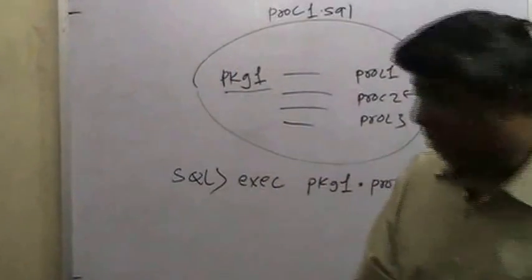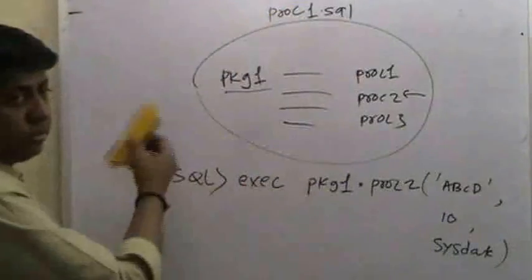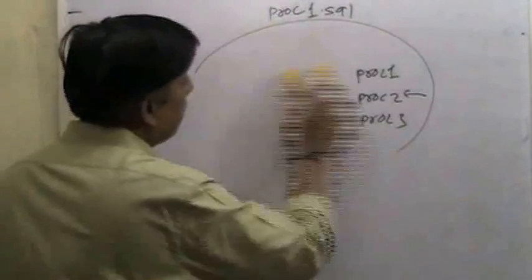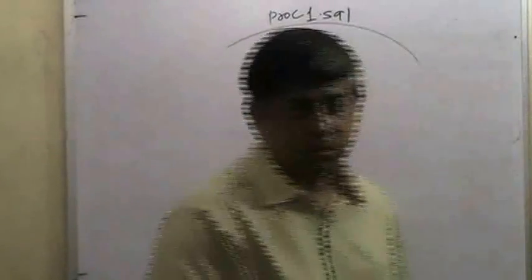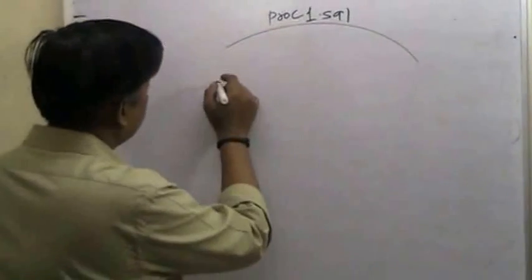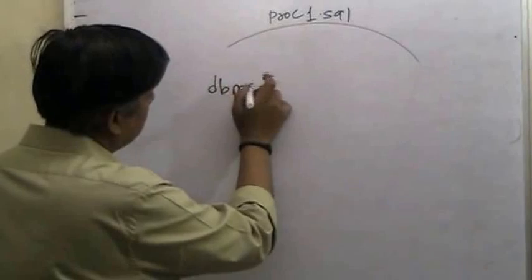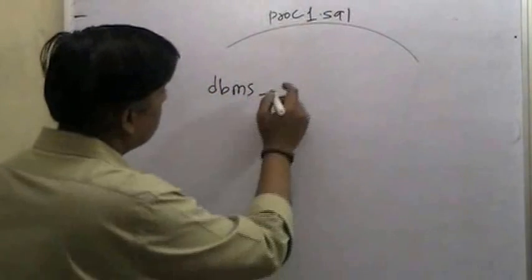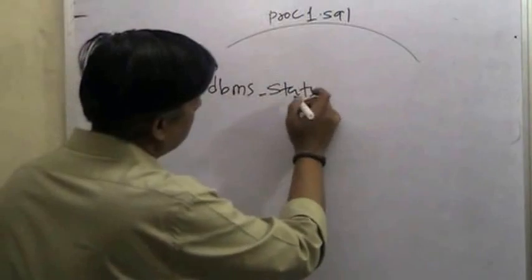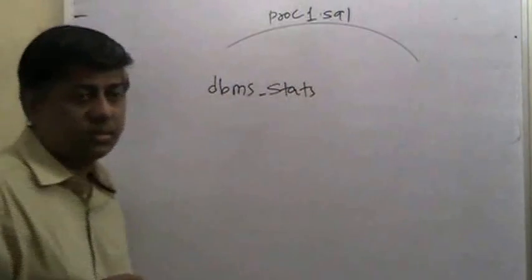Why am I telling you this? Because we are not going to write any procedures and functions and packages, but we are going to use the packages which are already written by Oracle. So there is a package called DBMS_STATS.